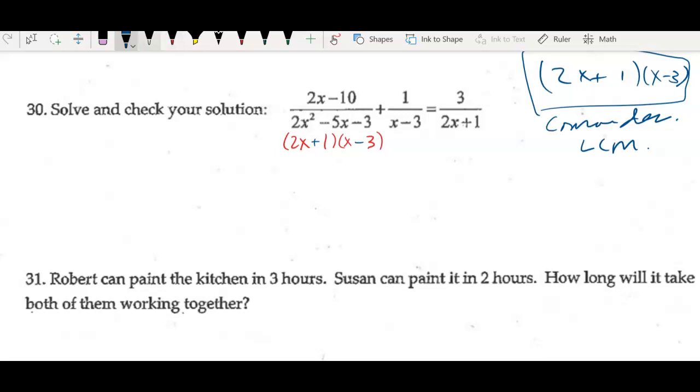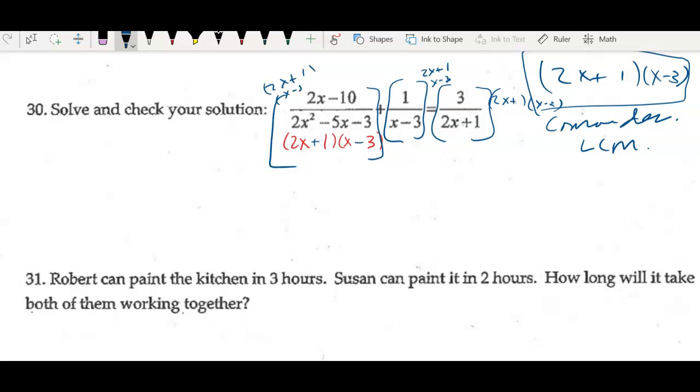You want to multiply each side of your equation, and we're going to distribute, so we're going to do each term actually, by 2x plus 1 times x minus 3.